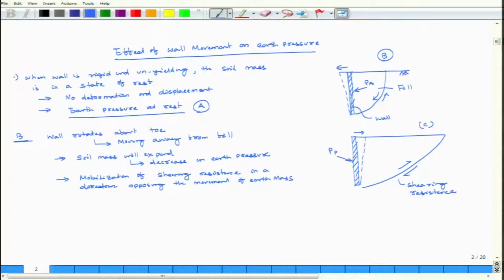Look at here, the soil tends to move downward and outward relative to the wall.